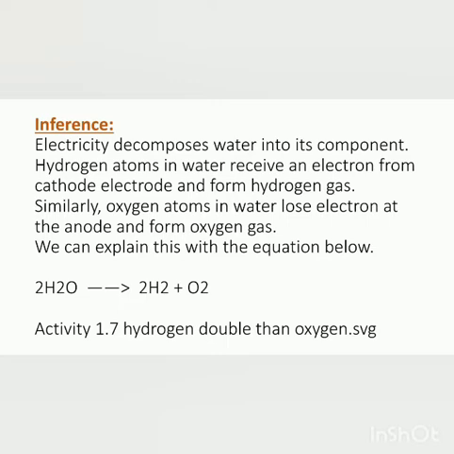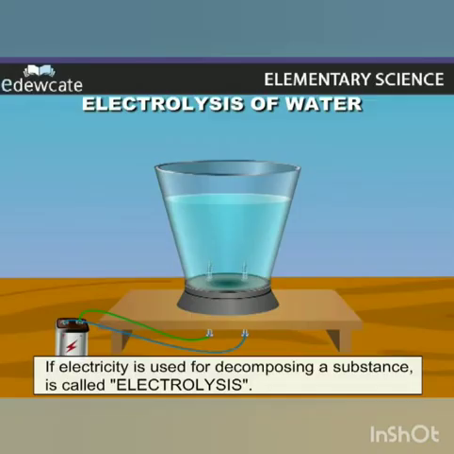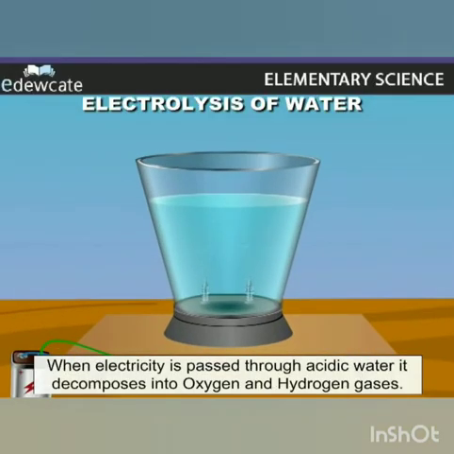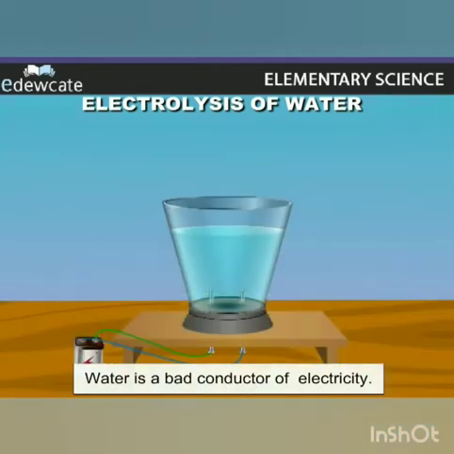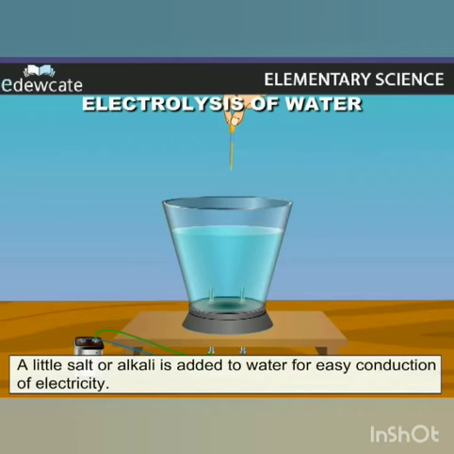Now student, let's see this video to make this activity more clear. When electricity is passed through acidic water, it decomposes into oxygen and hydrogen gases. But water is a bad conductor of electricity. Therefore, a little salt or a little alkali is added to water for easy conduction of electricity.